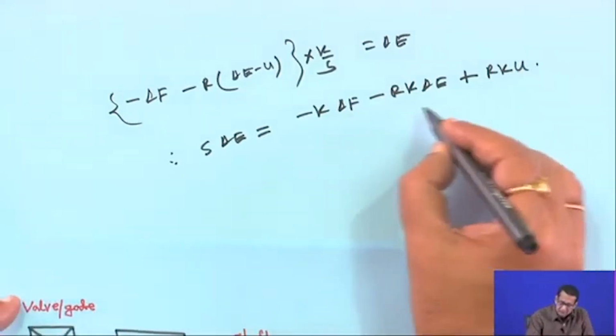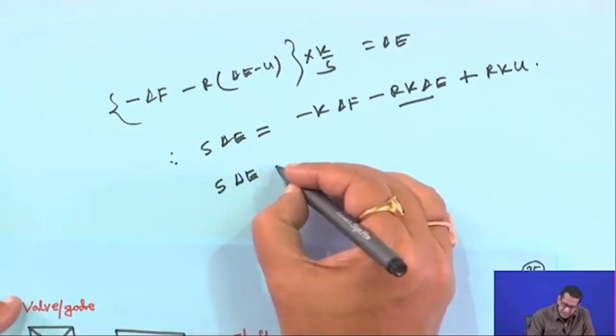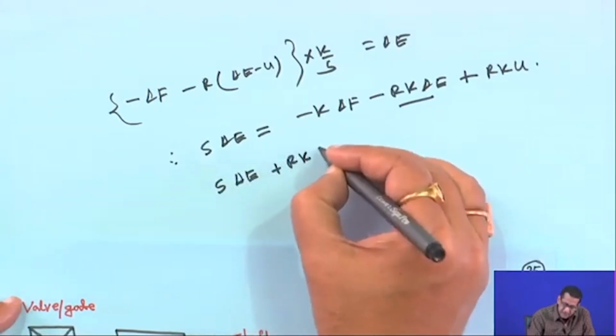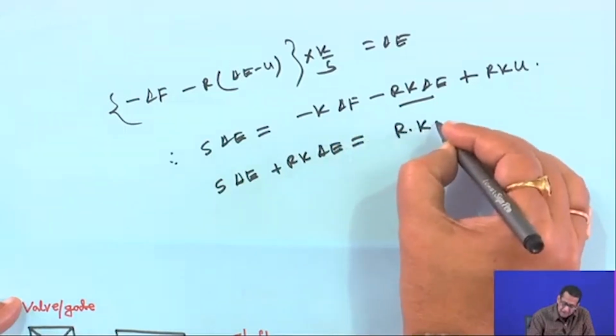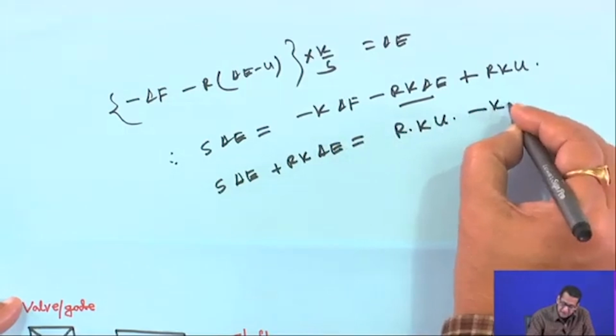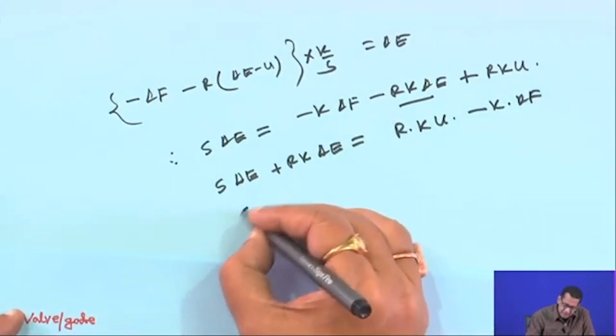So, this one you bring it to this side. So, s delta E plus r k delta E is equal to r into k into u minus k into delta F. Therefore, you take delta E common.